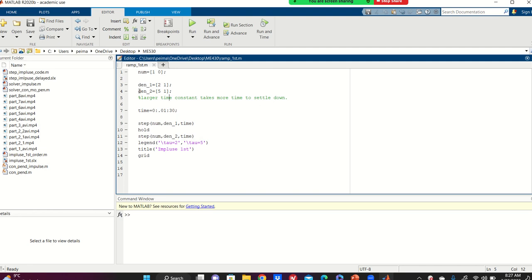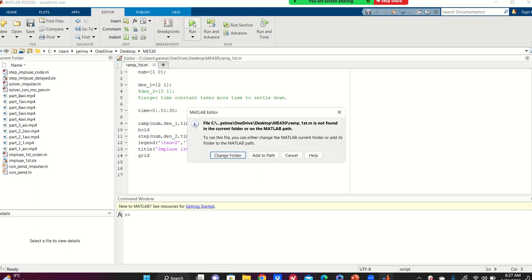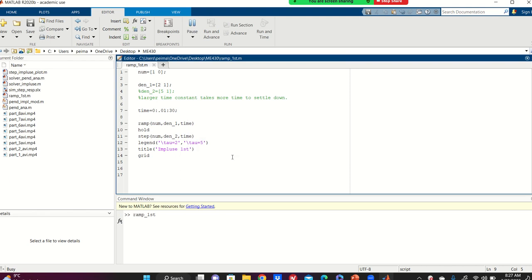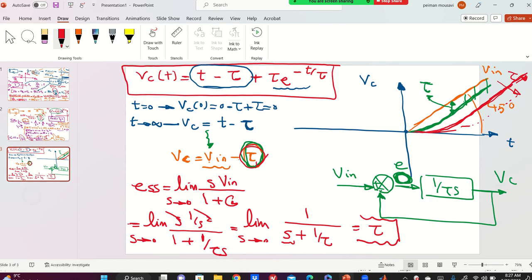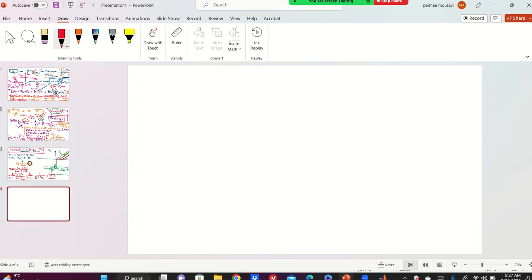If I say ramp, I just give it numbers, and it's going to give you the error signal. MATLAB coding, like for the impulse, has no ramp command. We only have step. So I'm going to reformat the transfer function, as we did for the impulse.